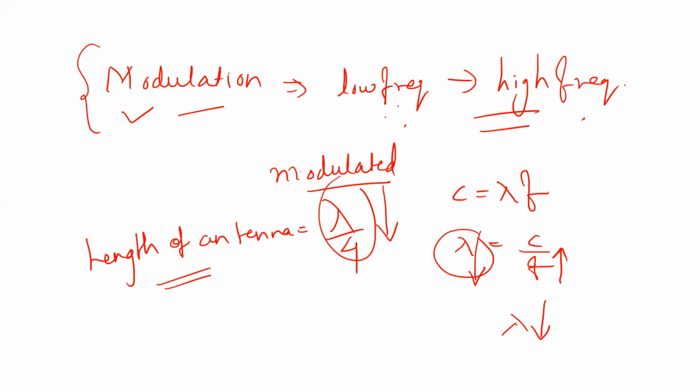If c is equal to lambda f, and lambda is equal to c by f, if my frequency is very low, my lambda will be very high. Eventually, my length of antenna will be very high, and that will cost me more, and is practically impossible also. So modulation makes life easier for me.